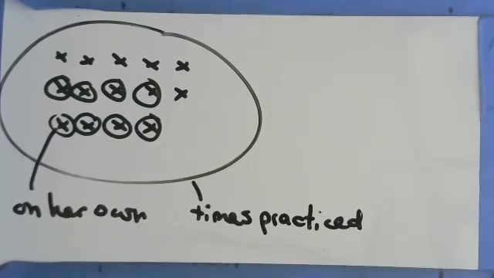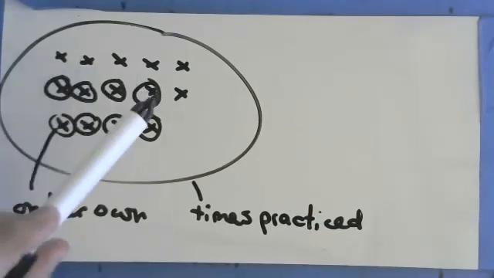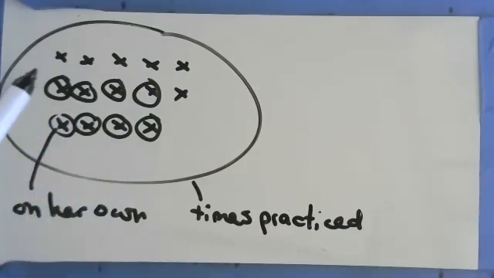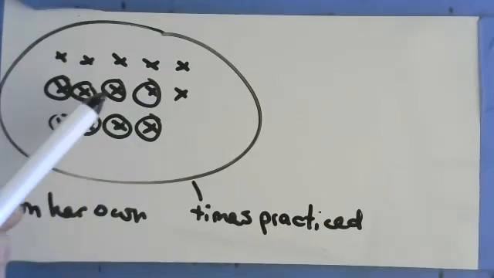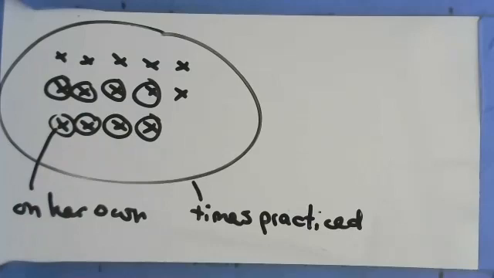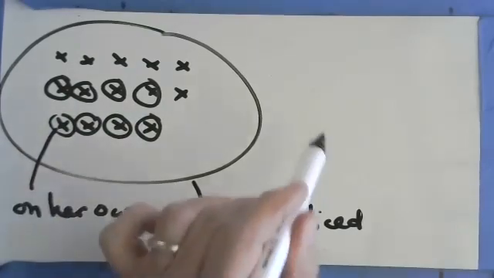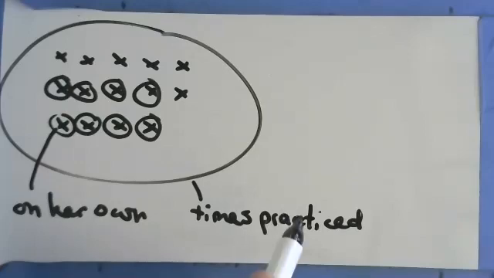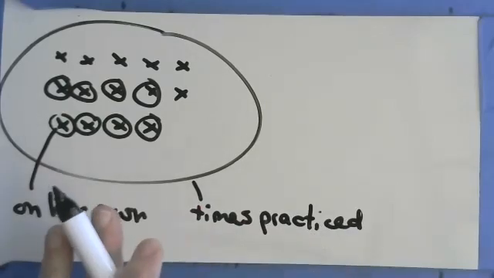But what's important to show here is that she practiced 14 times, and of the 14, 8 of them she practiced on her own. And the common response would be to draw the 14 times she practiced and then 8 more times that she practiced on her own. But the wording doesn't say that those are 2 separate practices.